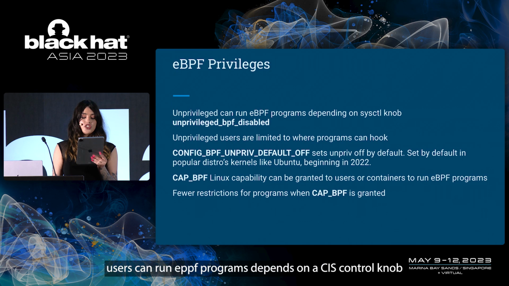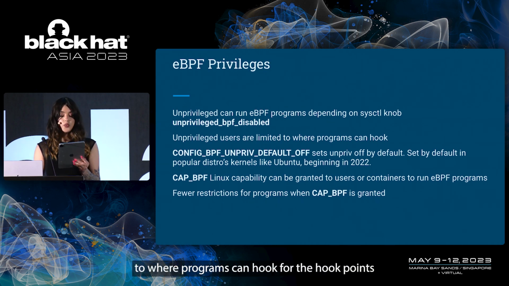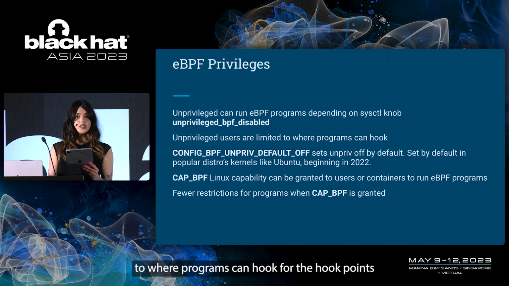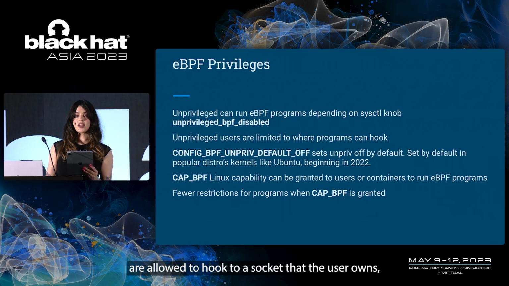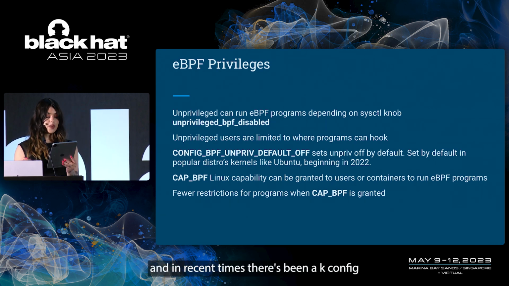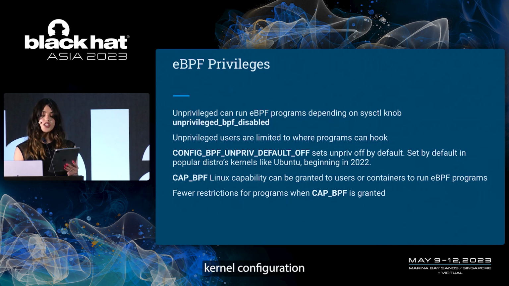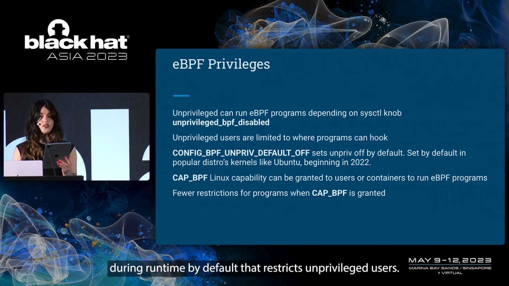Whether unprivileged users can run eBPF programs depends on a sysctl knob, which is called unprivileged BPF disabled. Unprivileged users are limited to where programs can hook, so the hook points that can be attached. In particular, unprivileged users are allowed to hook to a socket that the user owns. And in recent times, there's been a kconfig, kernel configuration, CONFIG_BPF_UNPRIV_DEFAULT, which sets the sysctl knob during runtime by default that restricts unprivileged users.